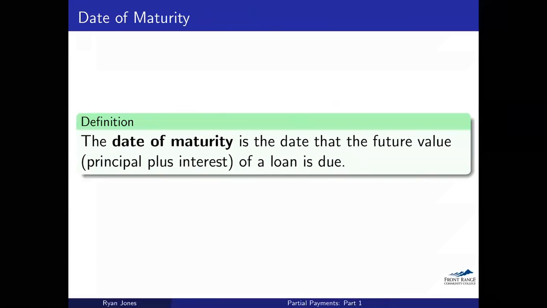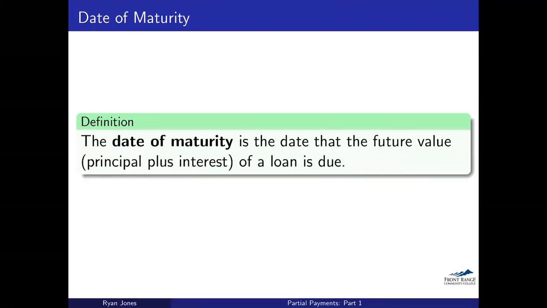So this first definition here is the date of maturity. This is something we've seen, but we've never really assigned a name to it. If you take out a loan, you'll end up borrowing a certain amount of money. That amount would be the principal, and over the course of that loan, interest is going to accrue. If you add those together, that gives you the future value of that loan.